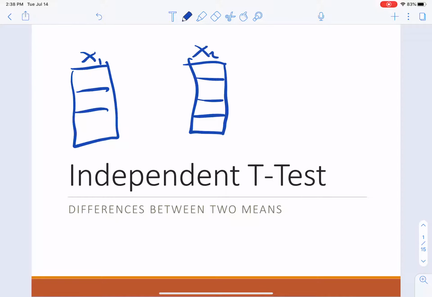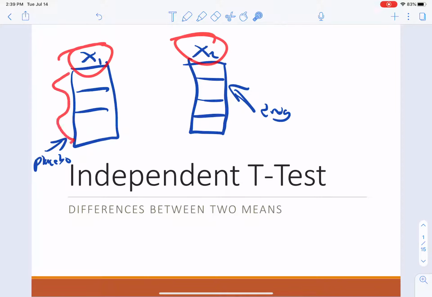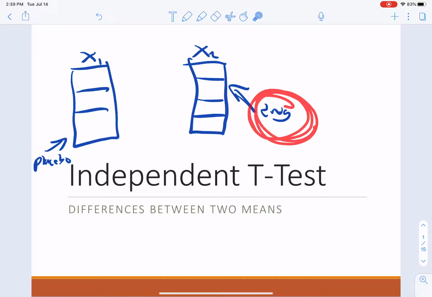This group here might be like a placebo. We don't do anything to them. But this group may get some kind of drug. And assuming these two groups and the people within are relatively the same, that's a big deal. We're really looking at the effect of something, in this case some kind of drug.